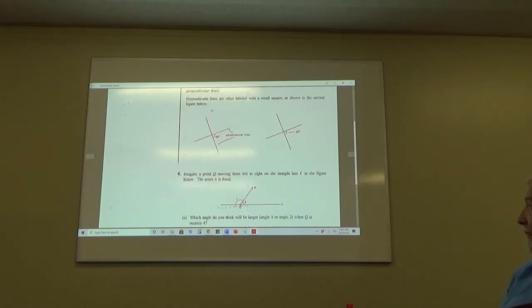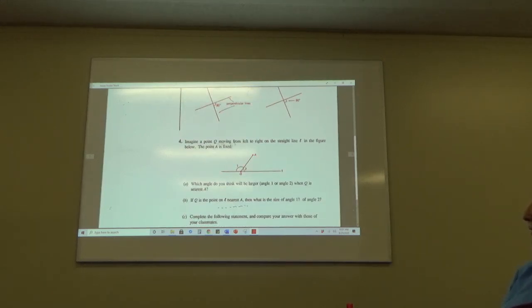Now, imagine a point Q moving left to right on a straight line L. The fixed point is A. Which angle do you think will be larger? Angle 1 or angle 2? Angle 1.